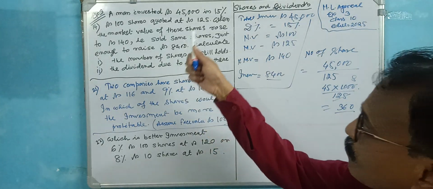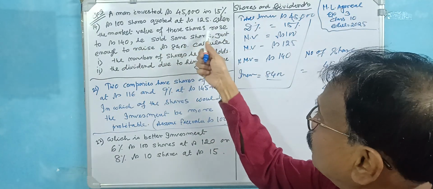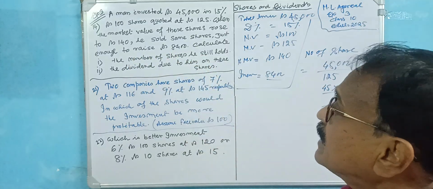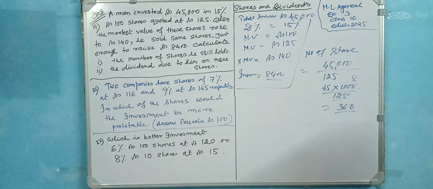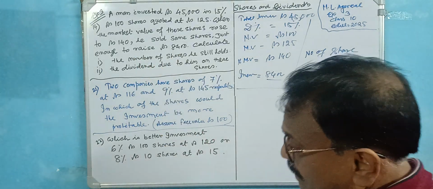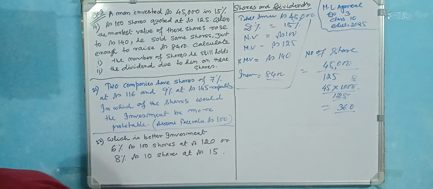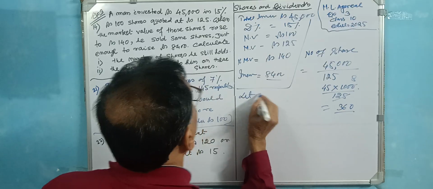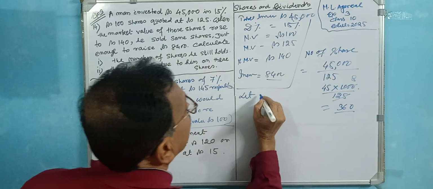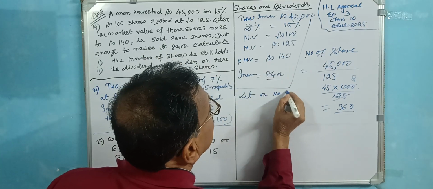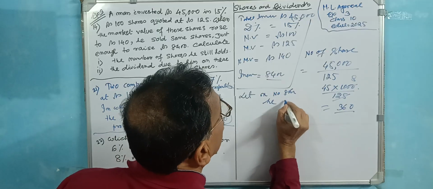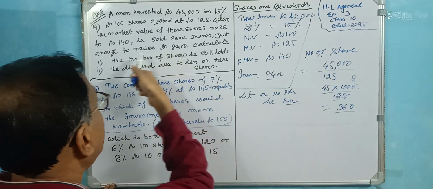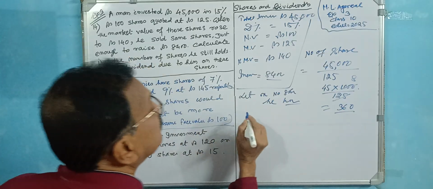But when the market value of this share rose, he sold some shares to raise the amount. Let X be the number of shares he sold. What is the market value when raised? It is 140.